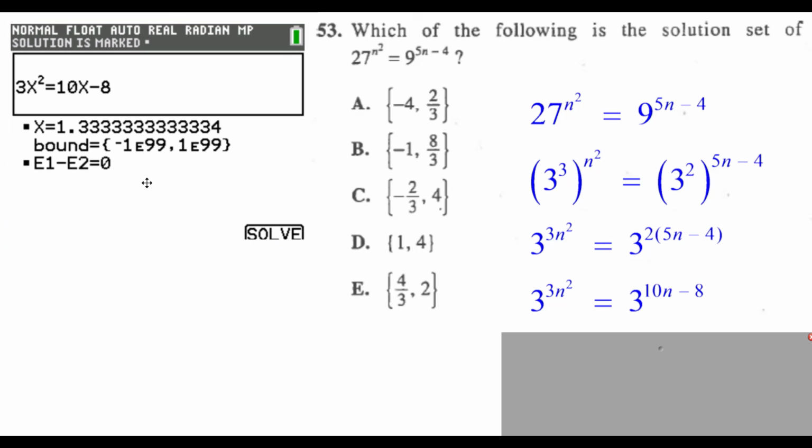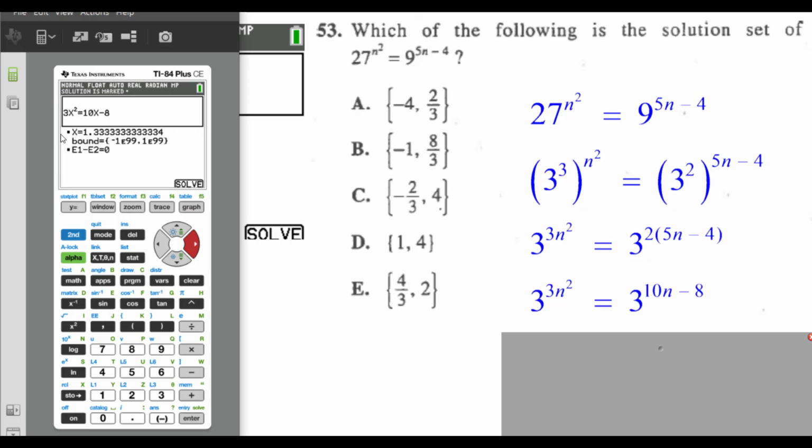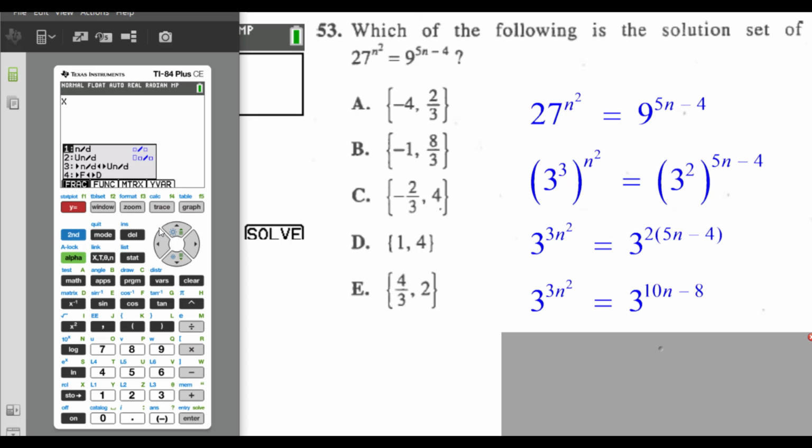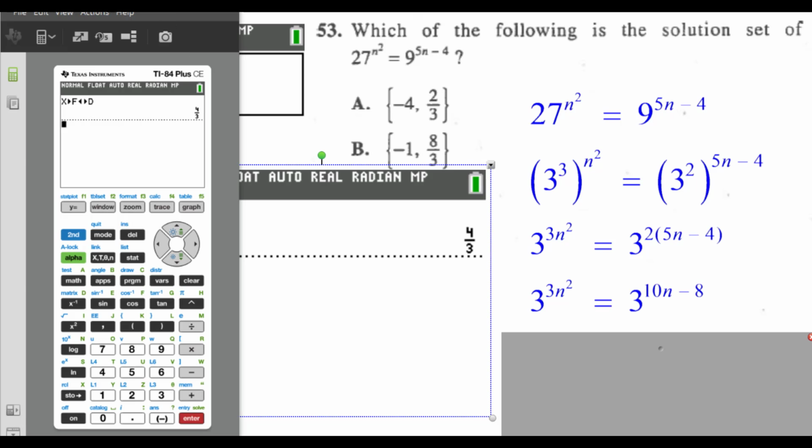And in fact, if you don't know that that's 4/3, what you can do is this number is stored in the variable x, so I can go off to the home screen and type the letter x, and then say alpha y equals number 4 is fraction to decimal or decimal to fraction. It'll convert back and forth. And I can see I'm getting that 4/3.